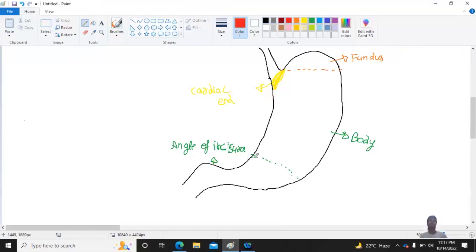It is divided into three segments. First, this is the pyloric antrum.